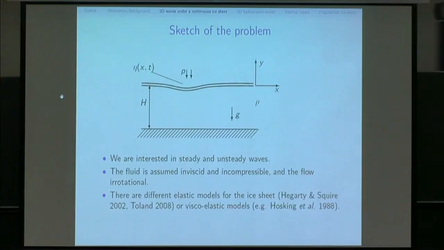We assume that the fluid is inviscid, incompressible, and the flow irrotational. So I'm going to look for some velocity potential in the fluid. And you can use different elastic models for the ice sheet: some linear elastic models, or more complicated ones, or some viscoelastic ones. So we're going to use the elastic model, which I'm going to show very soon.